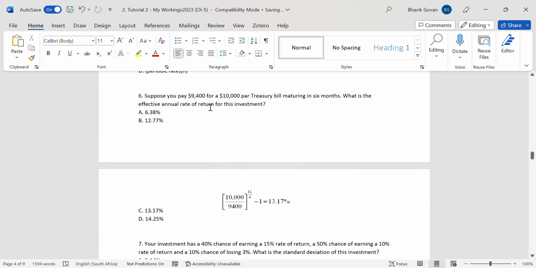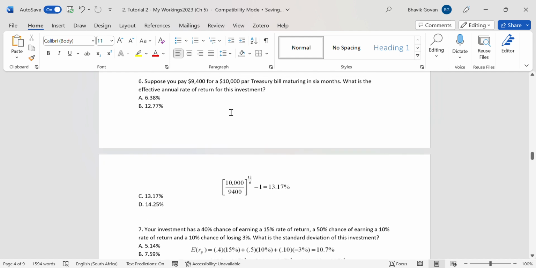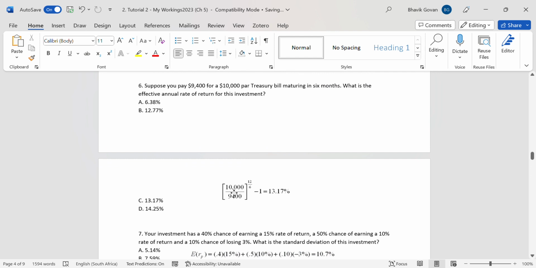Suppose you pay $9,400 for a $10,000 par treasury bill maturing in 6 months. What is the effective annual rate of return for this investment? So it'll just be 10,000 over 9,400, all to the power of 12 over 6 minus 1, and that is your effective annual rate.